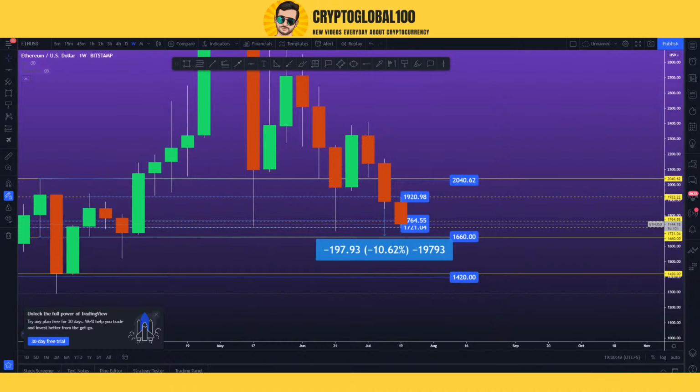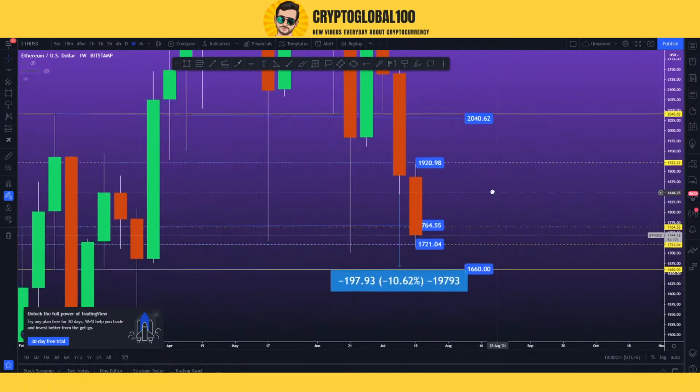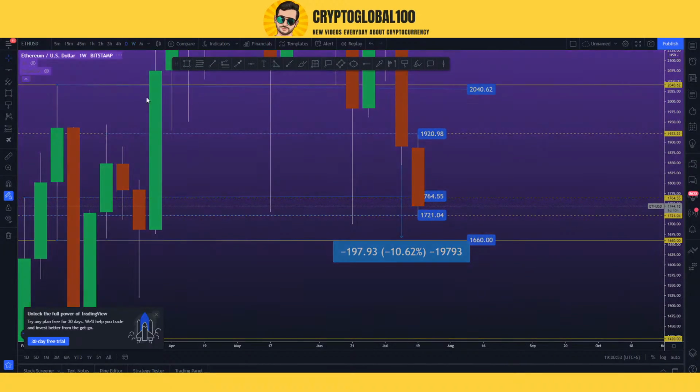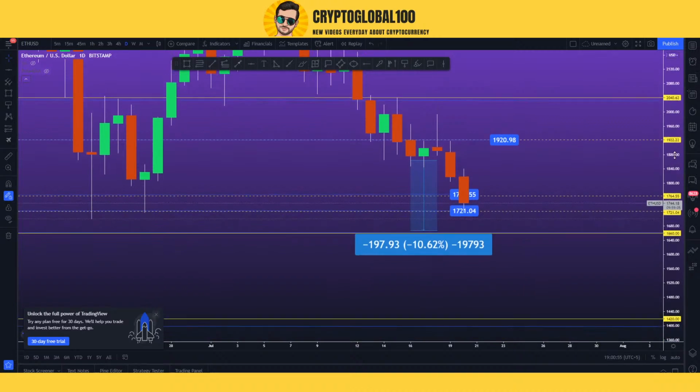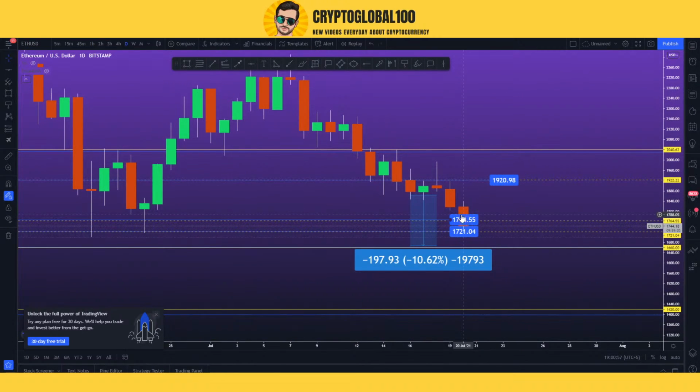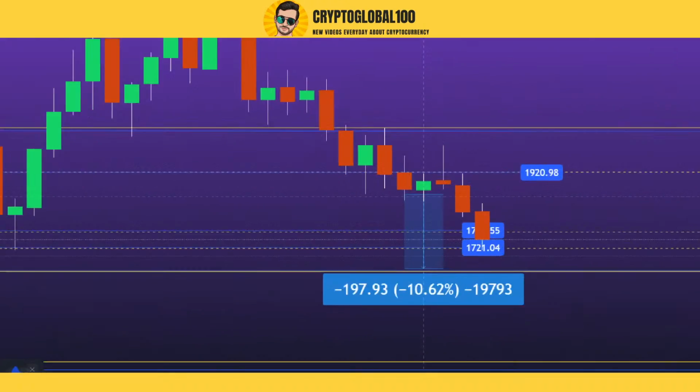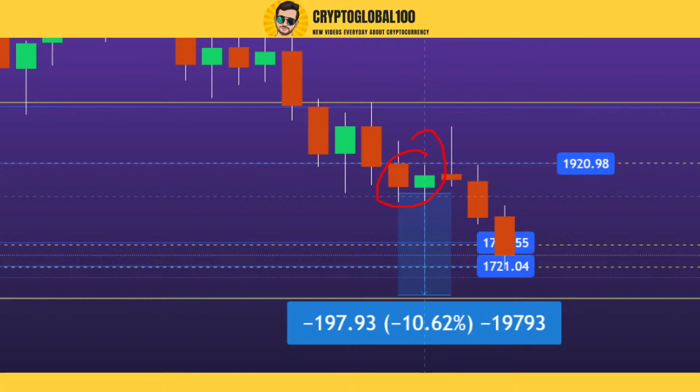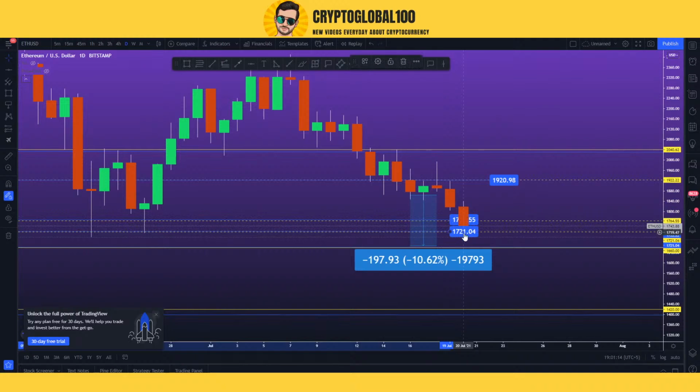You see here, now just take a look at here. If I go to the daily chart, I made a video about the Ethereum on this day 3 days ago at this level, when the price was at this level, and you can see here how beautifully it has reacted to my levels which I predicted, 17, 21 and this one.